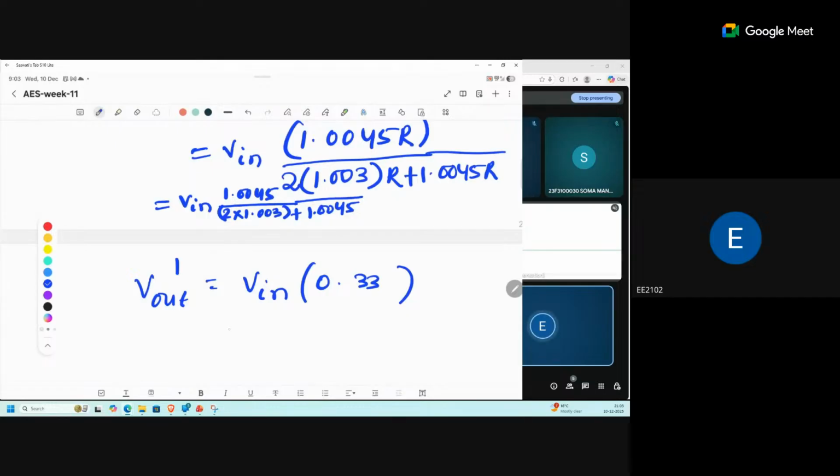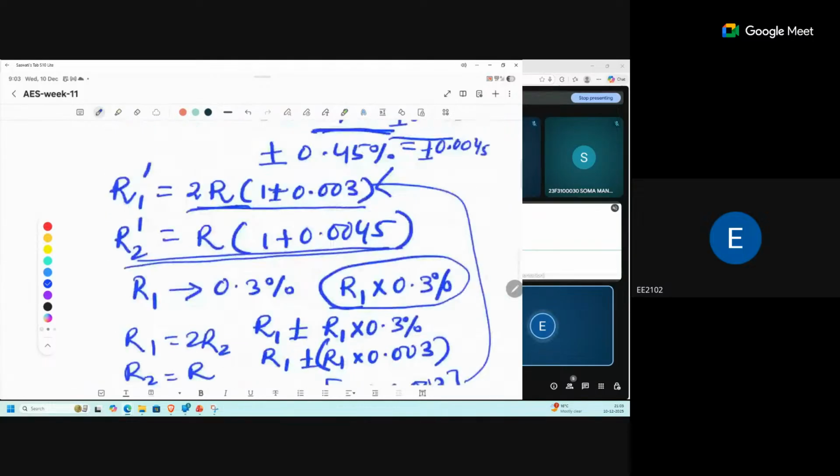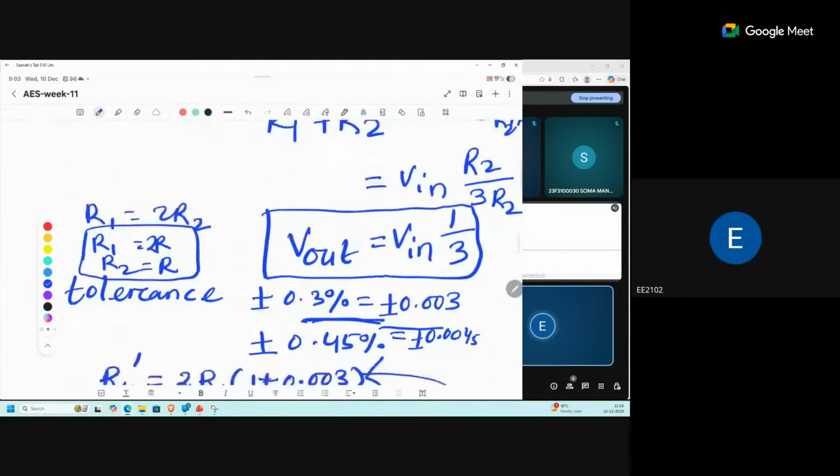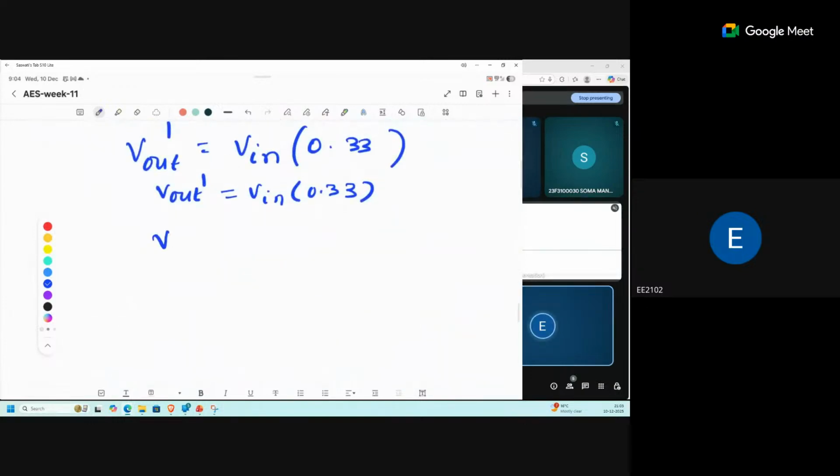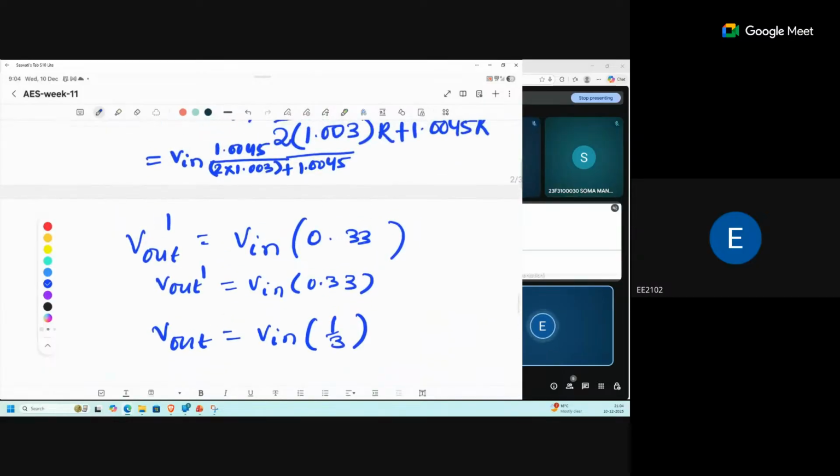So now you got this V out dash is equal to V in times 0.33. Previously you got V out is equal to V in multiplied by 1 by 3. This 1 by 3 also gives 0.333, so that's why it is better to take some 4 or 5 decimals.